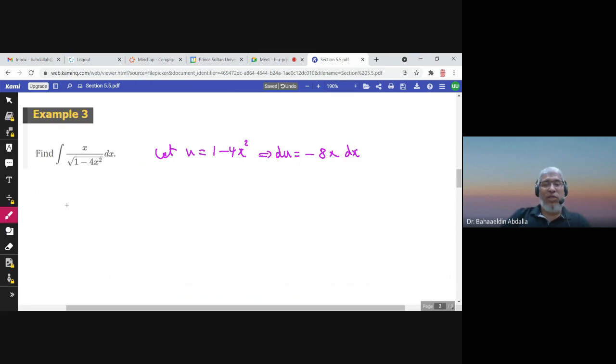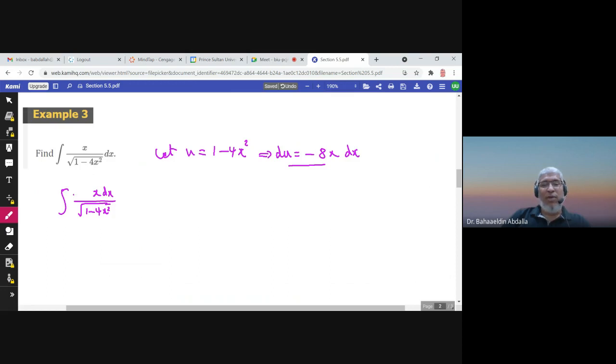Let us look at this integral. Well, square root of 1 minus 4x squared would be square root of u. And I have x dx. I can write dx here or here. But I do not need x dx. I need negative 8x dx.